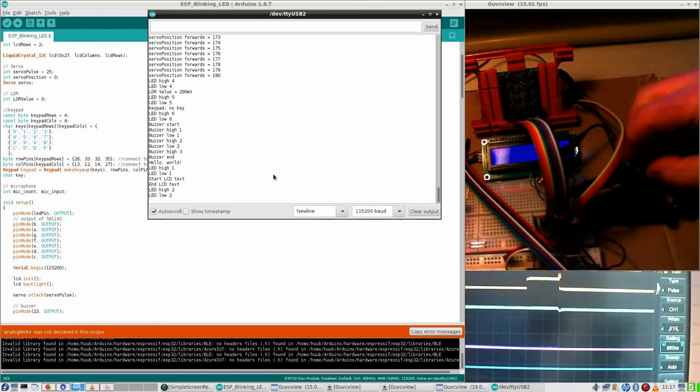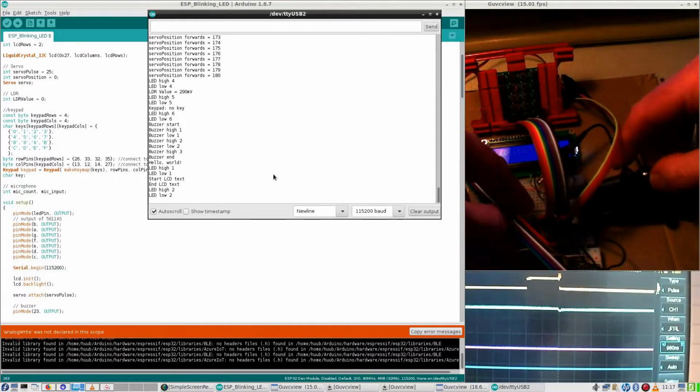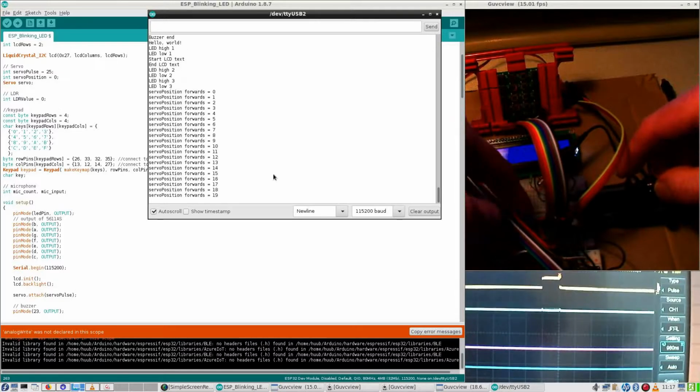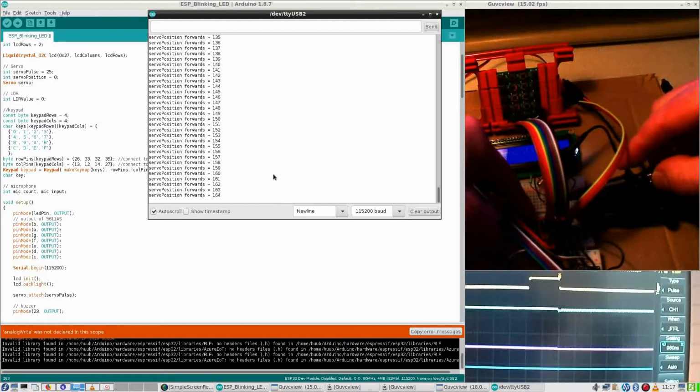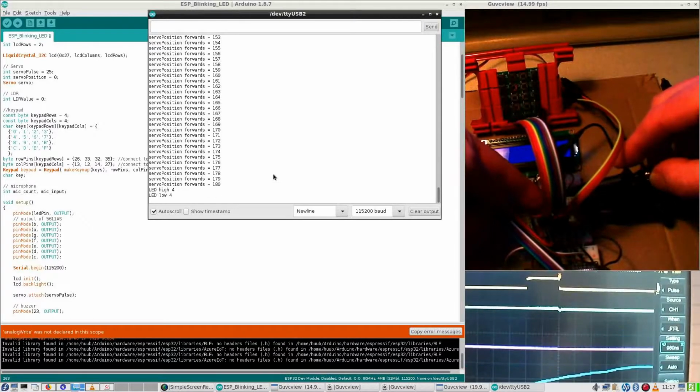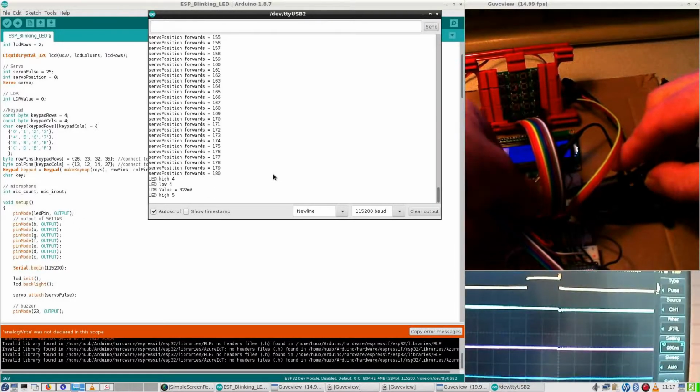So the measurements should take place with yellow, and I will have to put this one right here.